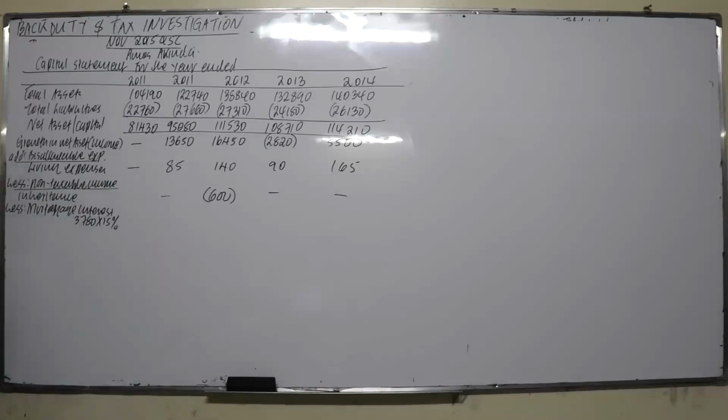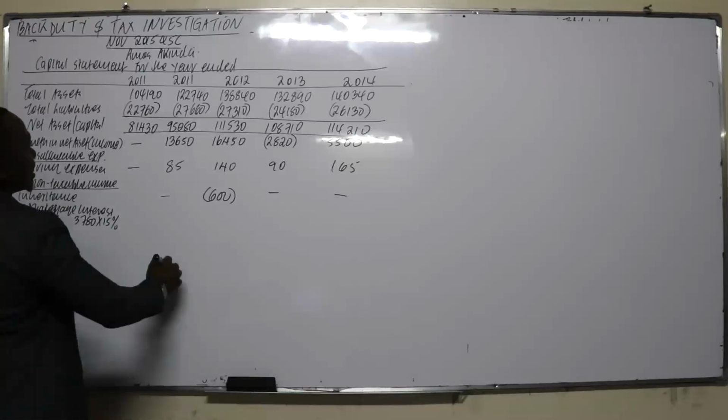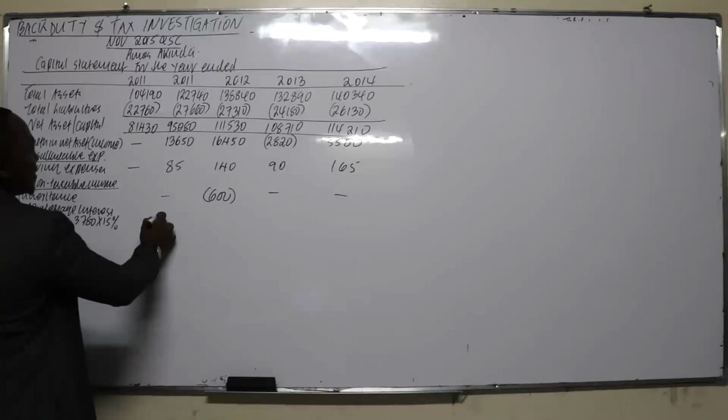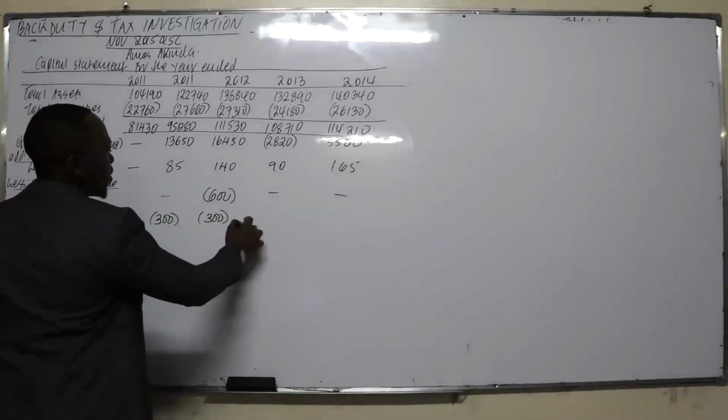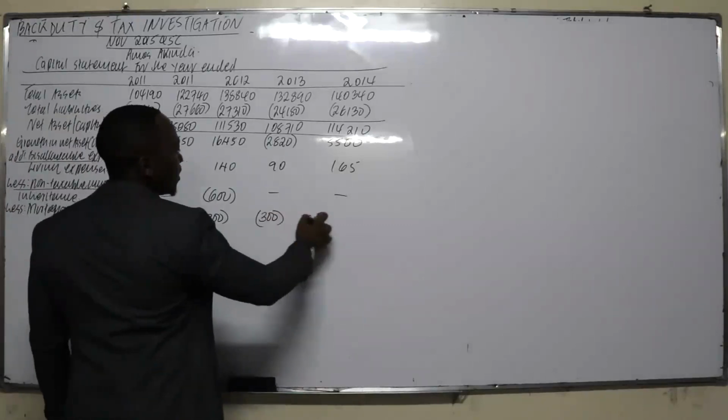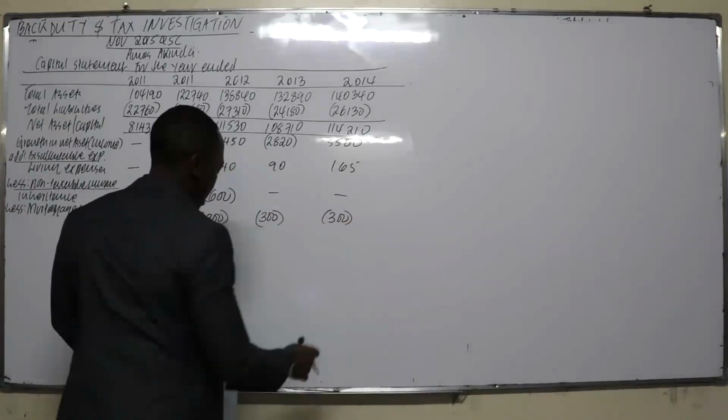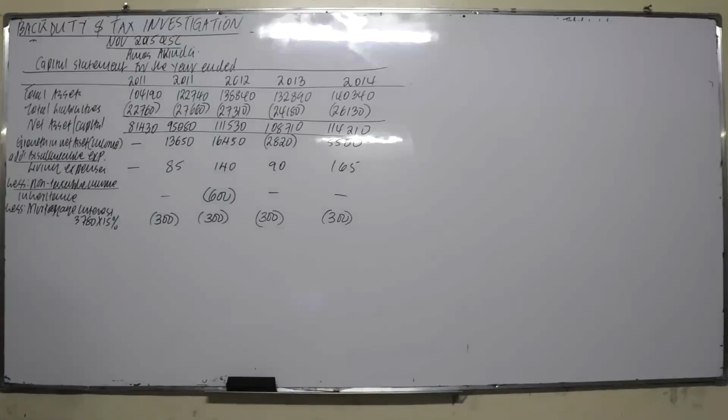So 15% of 780 is an amount of 567. Correct. But you see that the mortgage interest will be restricted to a maximum of 300. That's the maximum you can claim.